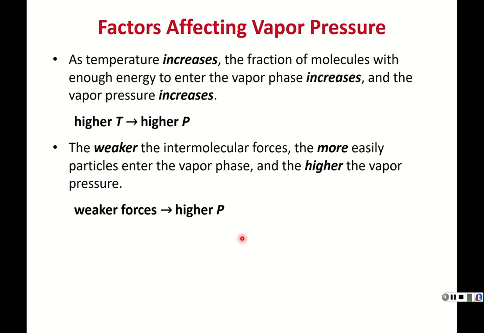Well, the temperature will affect it. A higher temperature will mean a higher vapor pressure. The weaker the intermolecular forces, the more easily these molecules can enter the vapor phase, and thus the higher the vapor pressure will be. So weaker intermolecular forces equal higher vapor pressure.